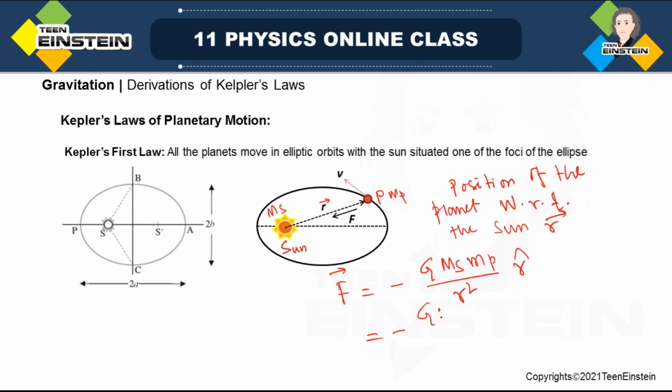Again, we can write this equation in terms of r vector like this also, with r cube, and here it will be r vector. Now this force is acting along the opposite direction of the position vector, so that's why the direction of this force is given here.